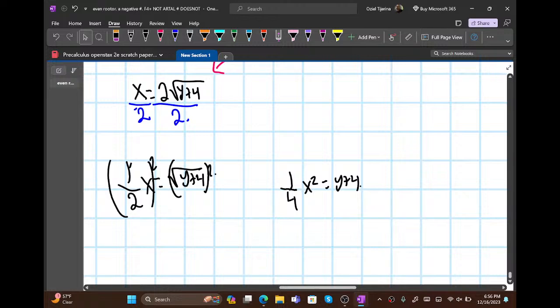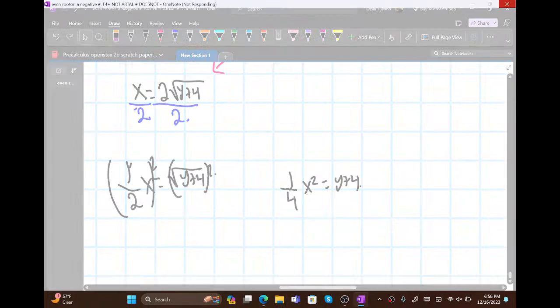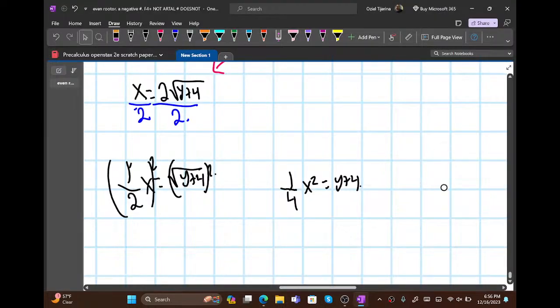Okay, guys, and then, oh my goodness. And then we're going to subtract 4 on both sides. So it's going to be 1/4 x squared minus 4.